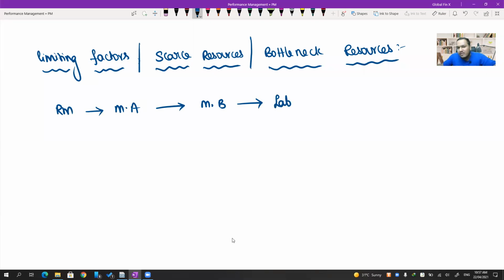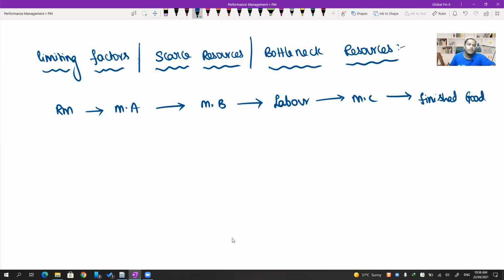The labor does the assembly work, and then it is sent into machine C. From machine C, you get the finished good.